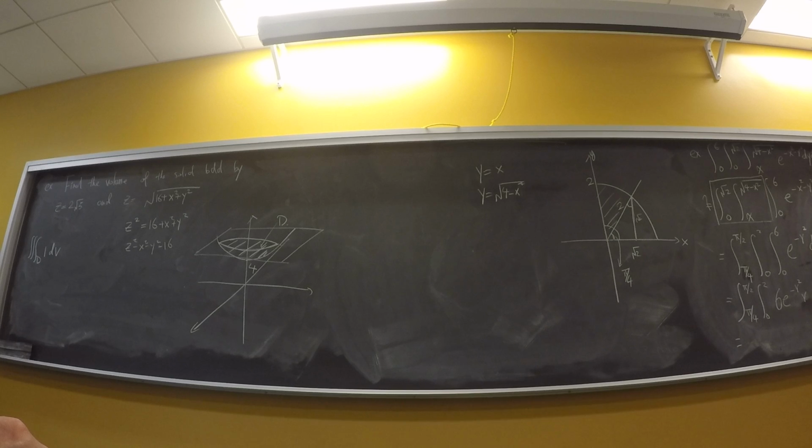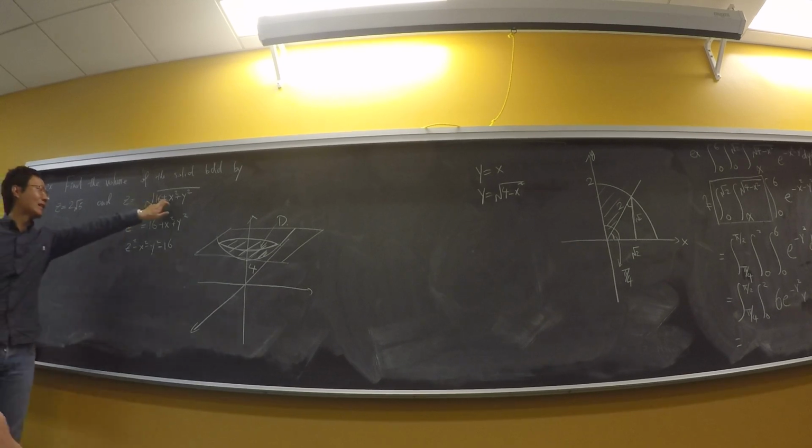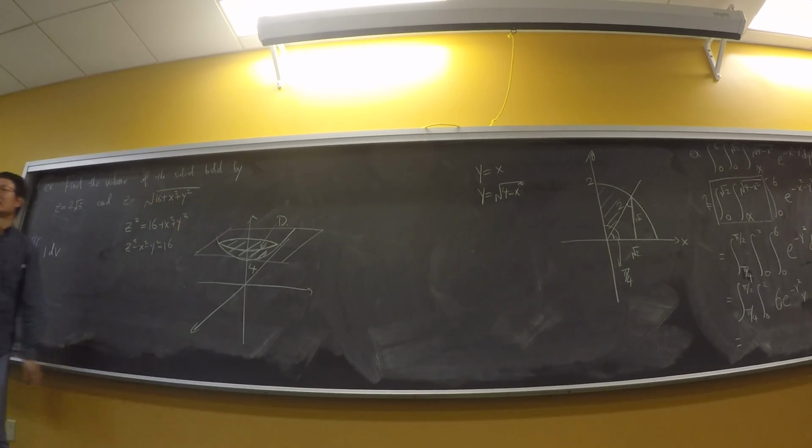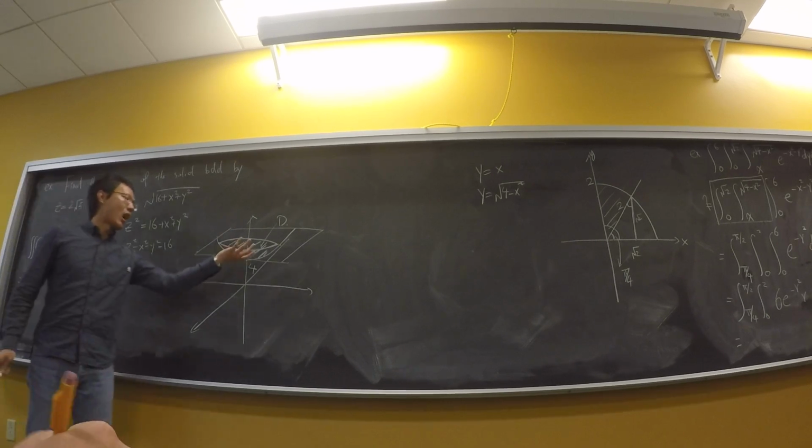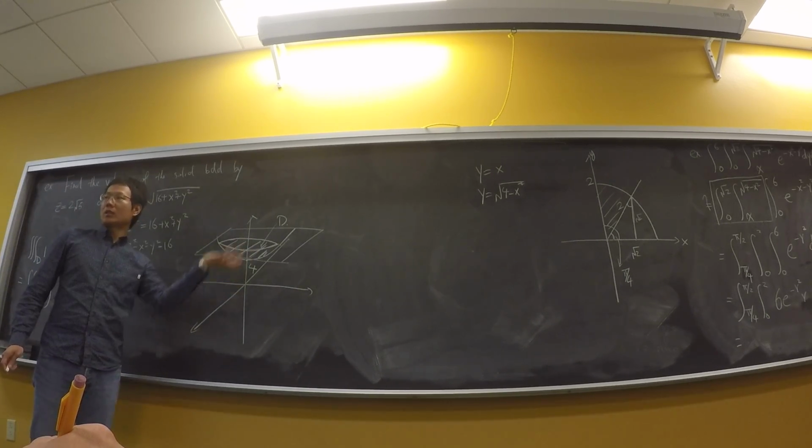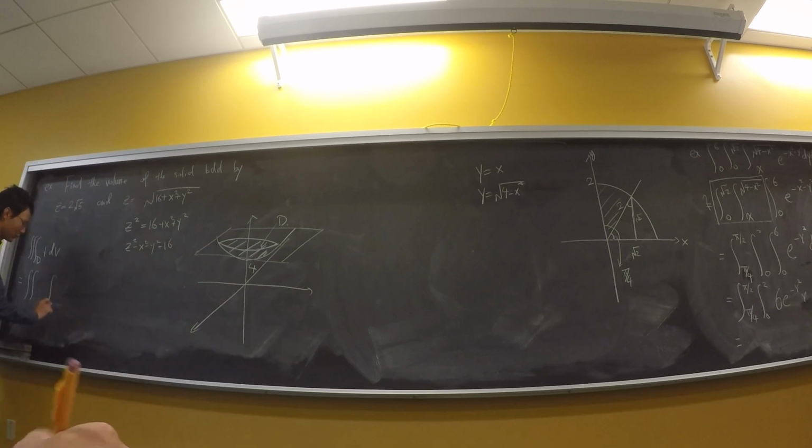Then I need to evaluate the triple integral in the cylindrical coordinate system because I have x squared plus y squared. So I need to identify this, where I can easily identify z is going to be bounded between the hyperboloid and the plane. So it's going to go from square root of 16 plus x squared plus y squared to 2 square root of 5.